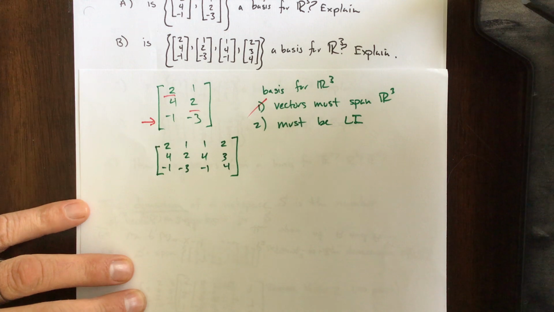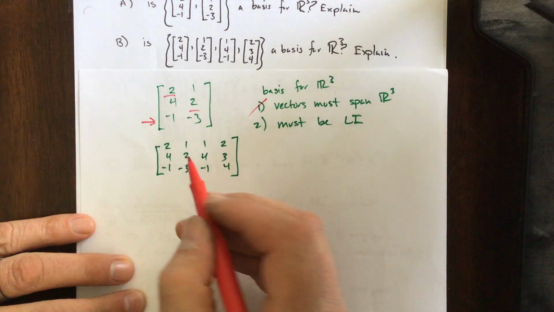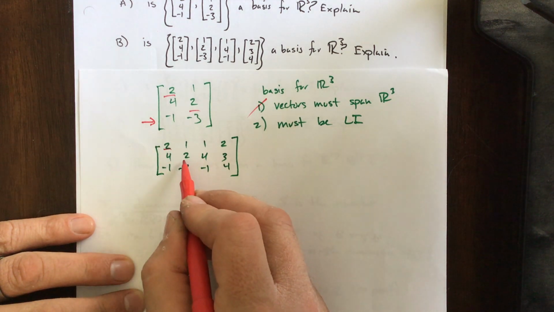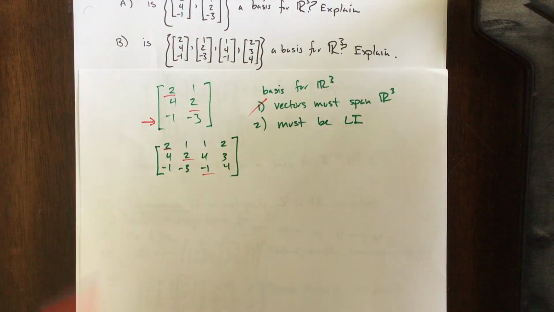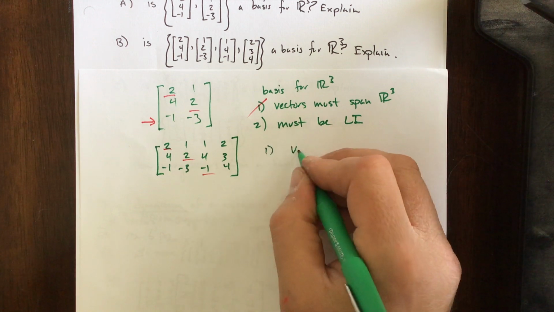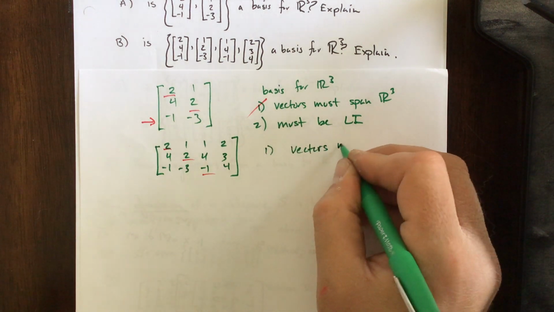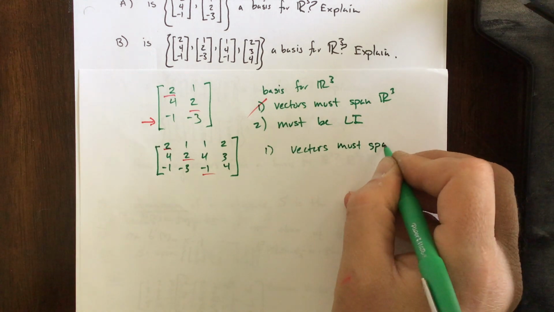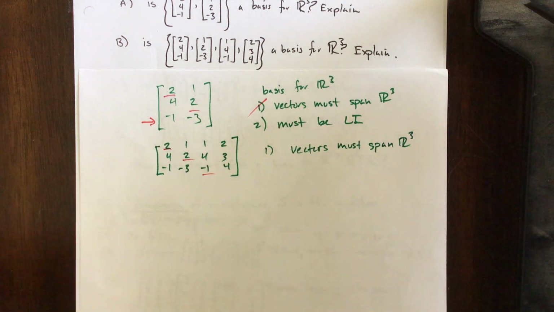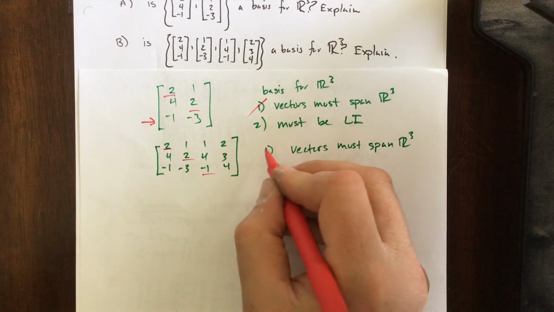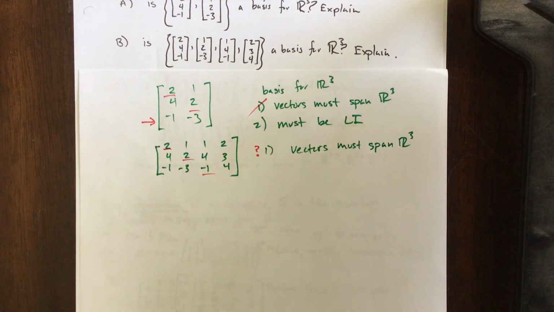Can I have a pivot in every row? There could be a pivot, there could be a pivot, there could be a pivot. I'm not saying those are where they would be if we row reduce; I'm just saying that's where they could be. So the vectors may be able to span R3, but we would have to check that out.